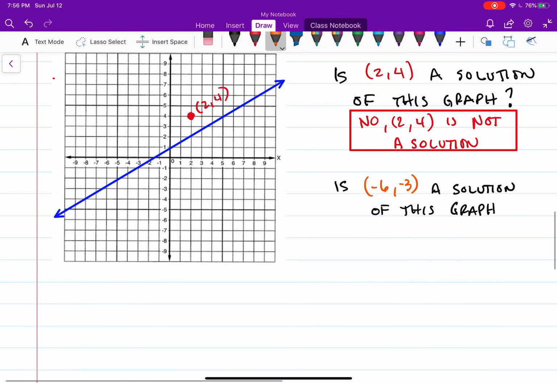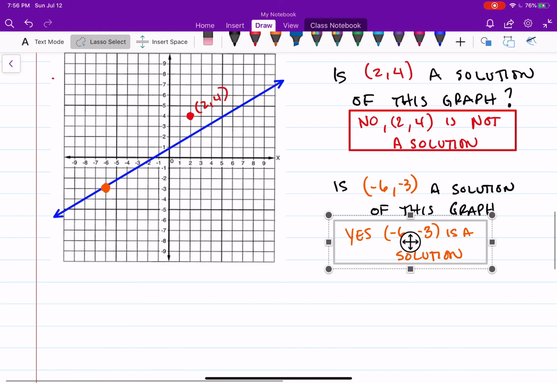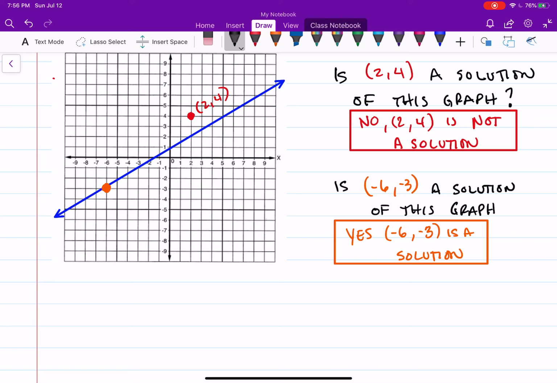So left 6, down 3, boom. So yes, (-6, -3) is a solution. Okay? So that's another way that they can show you.